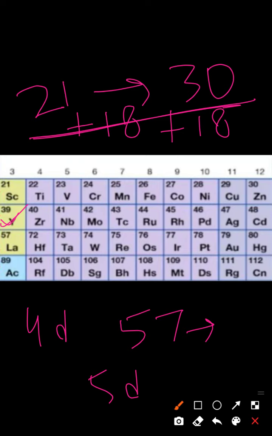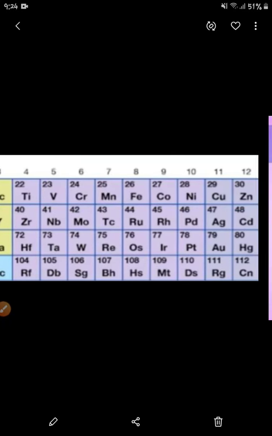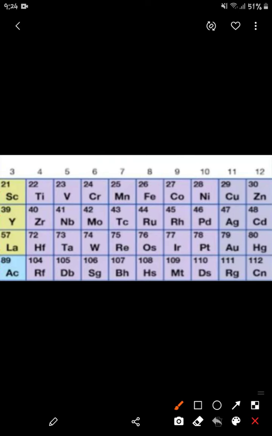One more thing: the first element of the 5d series is La, and from this La, the f block elements start, which are placed separately in the periodic table. They are also known as inner transition elements, which we will discuss later. There are many characteristics that I will explain in further classes.